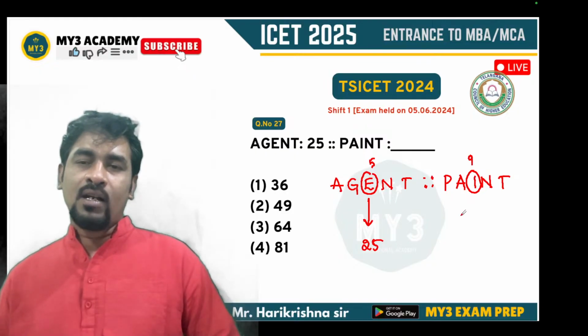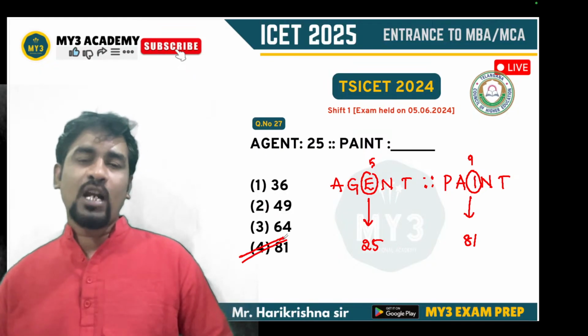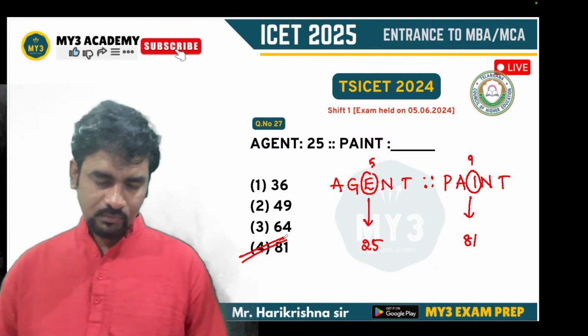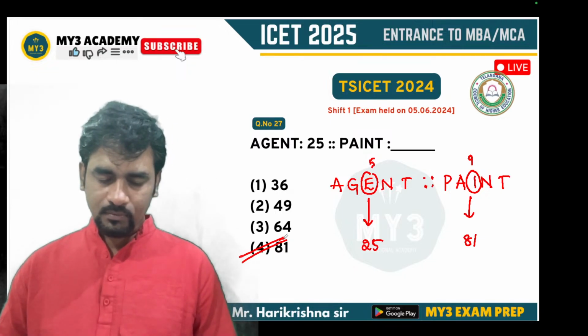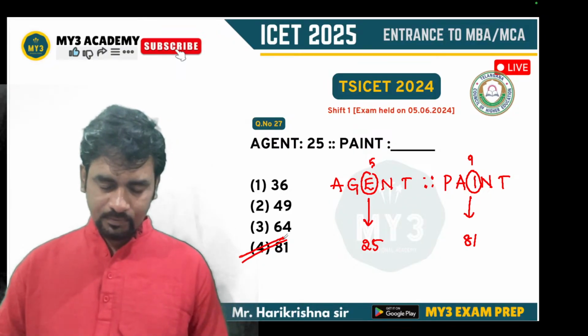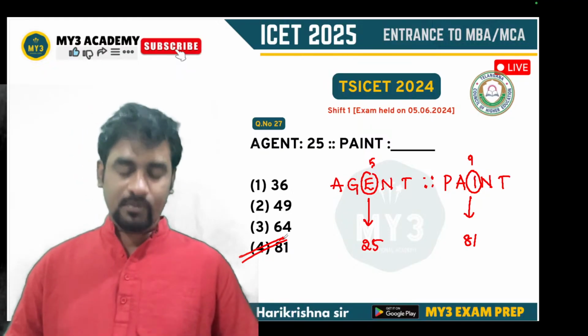I. I is 9. What is 9 square? 9 square is 81. Answer should be 81, available as option 4. Mark it as an answer choice. Very simple. So they have taken the middle alphabet. Very good, Lavanya. Middle letter square.